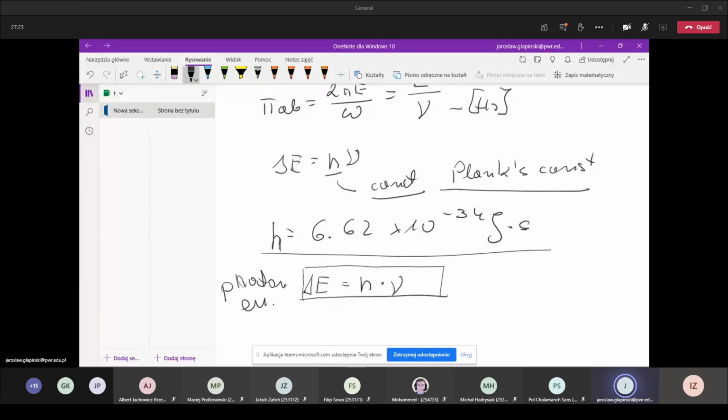Okay, so memorize this equation: a photon can have energy equal to the Planck constant multiplied by the frequency of the light, the frequency of the electromagnetic field, which can be moved into mass and photon energy.